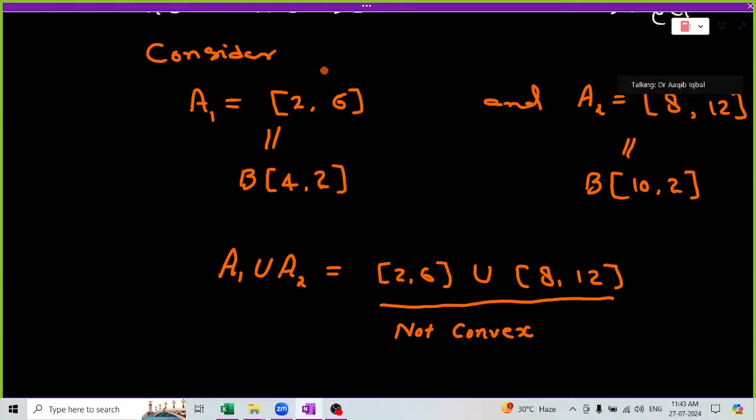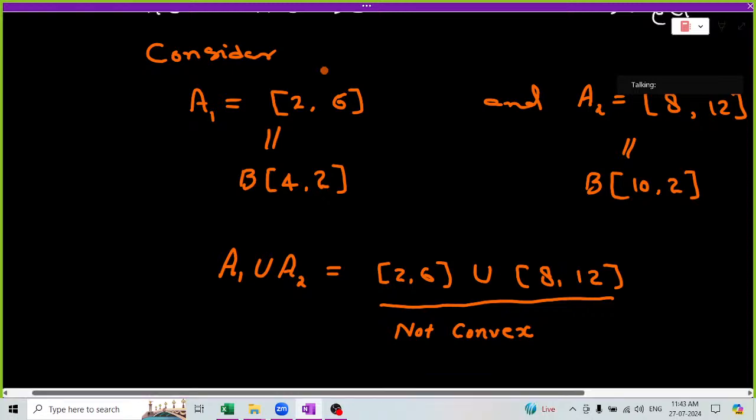Balls are convex, so basically admissible set in a way can be seen as intersection of convex sets. And intersection of convex sets, we know that it's a convex set. So every bounded admissible set in R is a convex set.